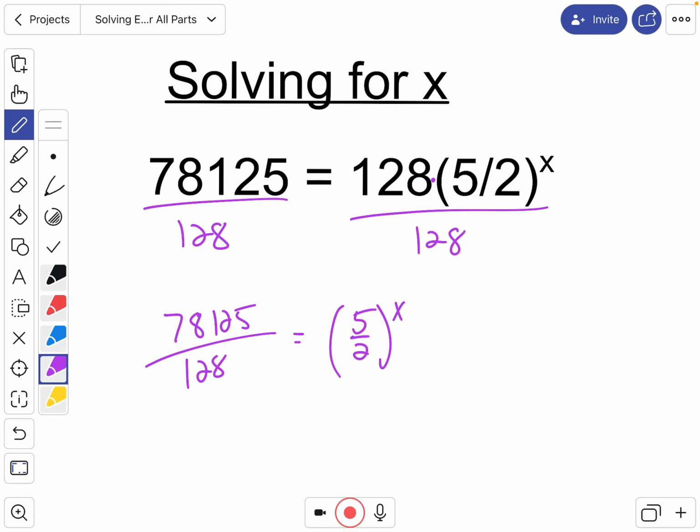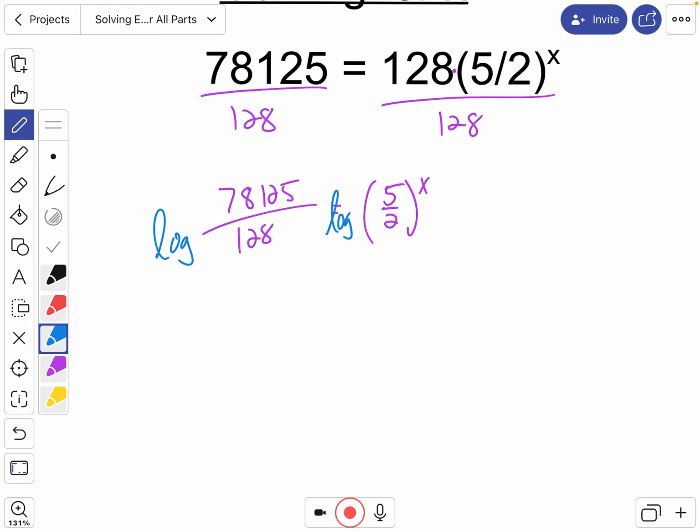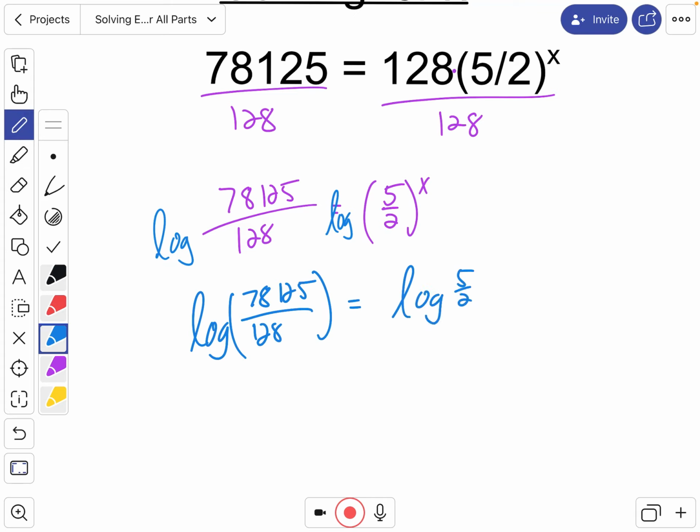And now, if I want to solve this, like we did in the other solving for x in the exponent video, we're going to take the log of both sides. So this becomes the log of 78125 over 128 equals the log of 5 over 2 to the x.